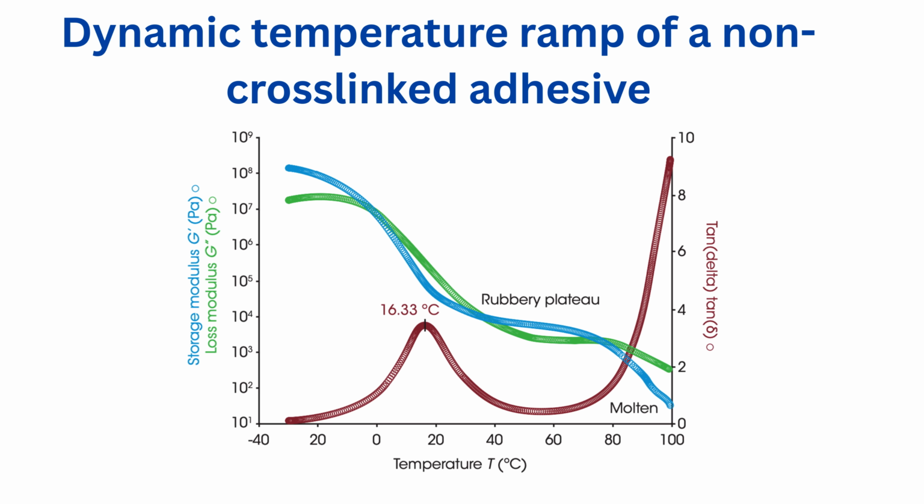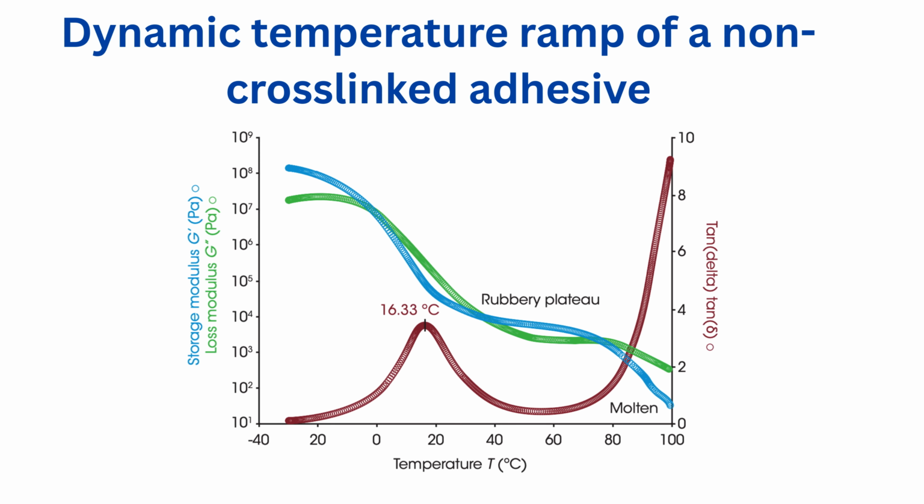The storage modulus of the polymer shows a plateau over a temperature window between 40 degrees Celsius and 70 degrees Celsius. Then, at temperatures greater than 70 degrees Celsius, this polymer becomes molten with the loss modulus being greater than the storage modulus, and the sample flows like a viscous liquid.